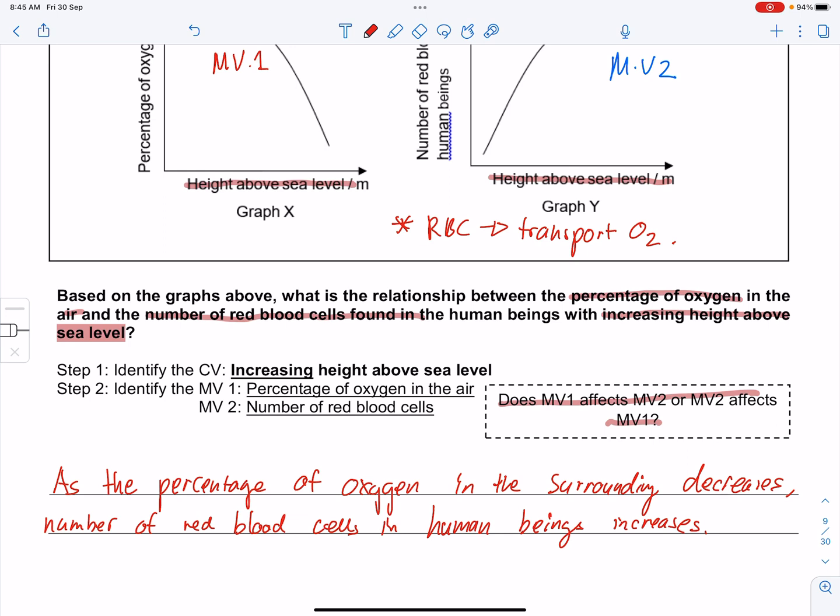Now, you need to be very careful. So this is actually your MV1. And then this is your MV2.